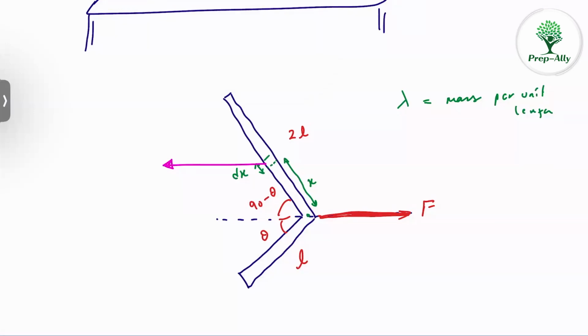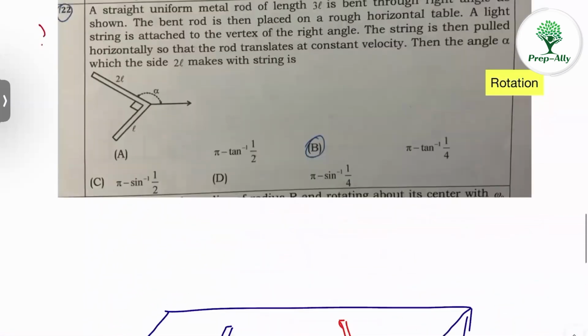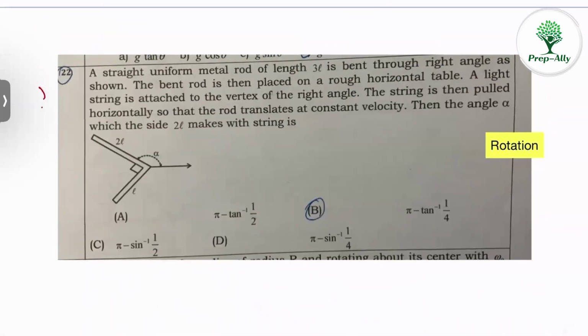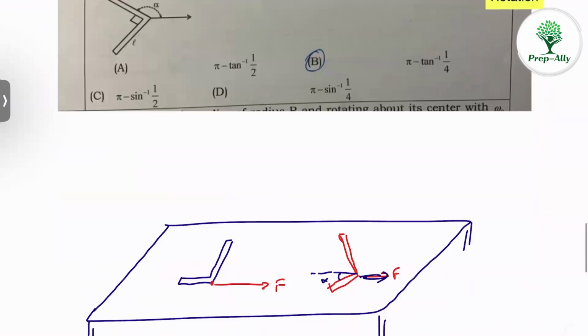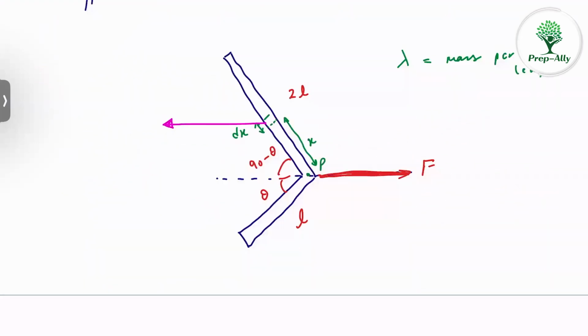Now, this rod is given to be moving with constant velocity. So any point on the rod will be an inertial frame or a non-inertial frame? Sir, inertial frame. Will there be any pseudo force in the frame of point P? No, sir. What is the torque of friction on this 2L rod dx element?